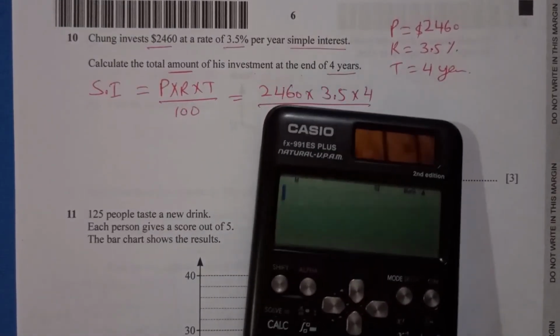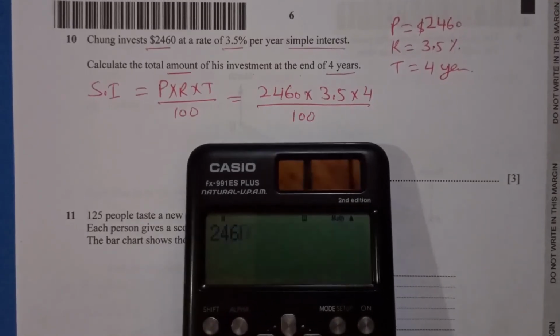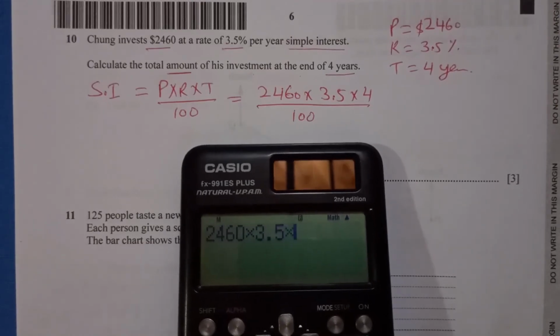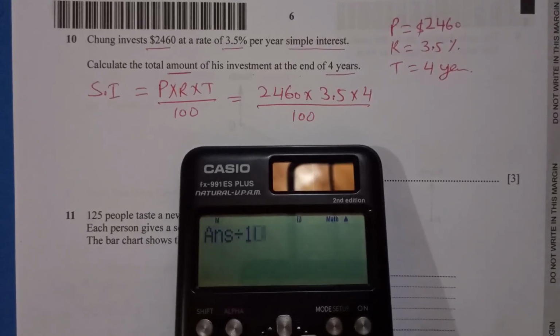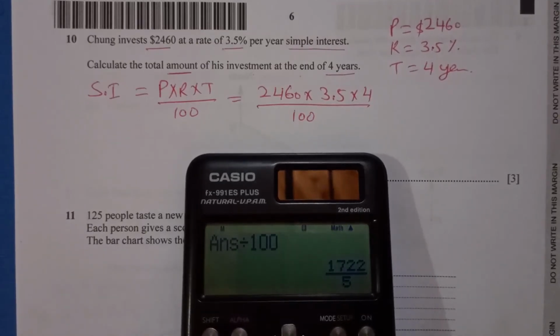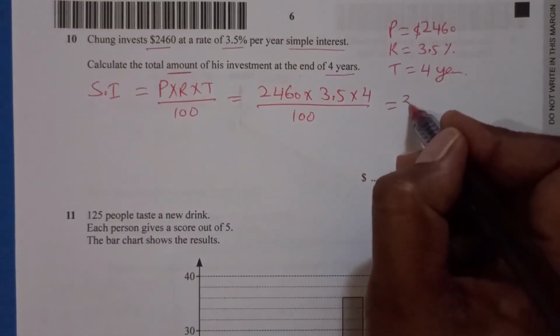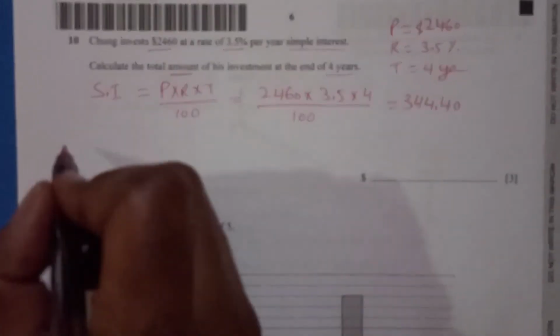It is 2460 times 3.5 times 4 divided by 100. So it is $344.40, right? So what we are looking for is the amount.